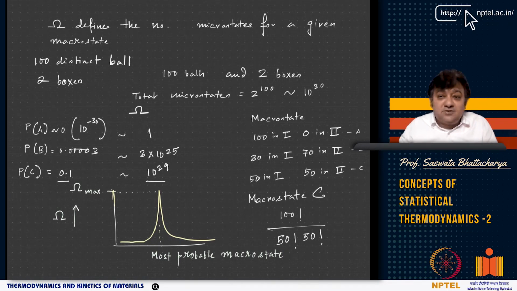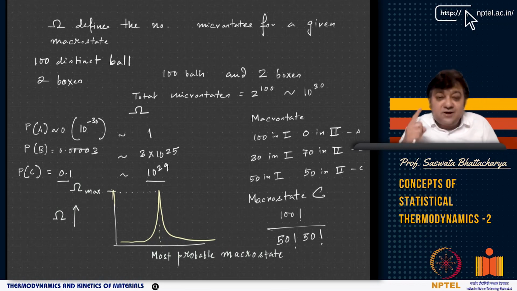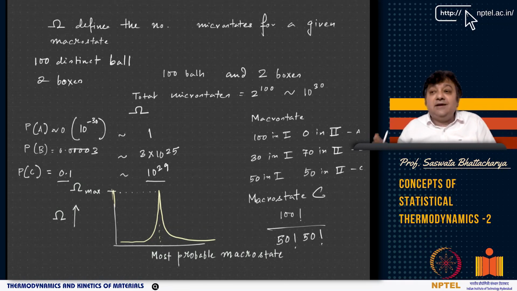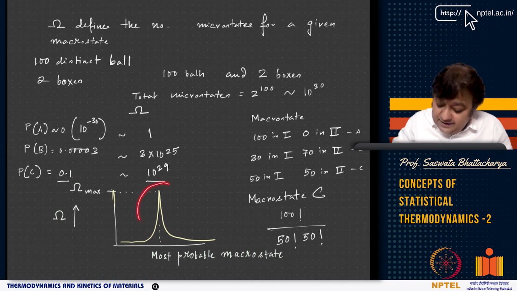The most probable macrostate is the one which will have the maximum number of microstates, omega max. So the macrostate that corresponds to the maximum number of microstates is most likely, and it becomes more and more likely if the total number of particles that you are arranging becomes very large, right? So that's why you have a spike here. If you see here, we have given a spike here, right?